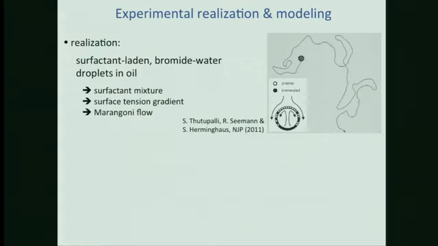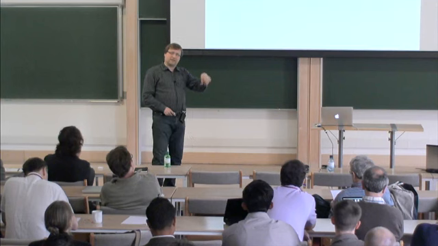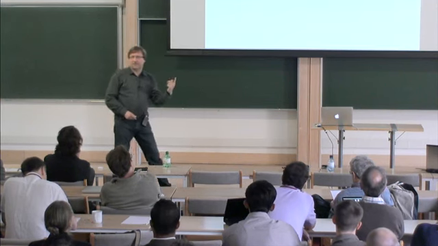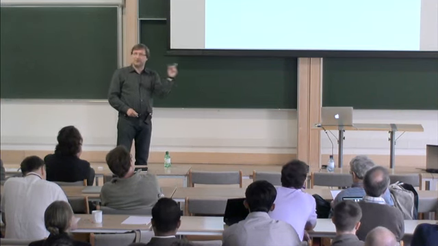So the realization in the Herminghaus group in Göttingen went like this. They have a bromide water droplet in oil, and at the surface they have surfactant, and the bromide in the droplet basically catalyzes a reaction of the surfactant so that it comes in two configurations.